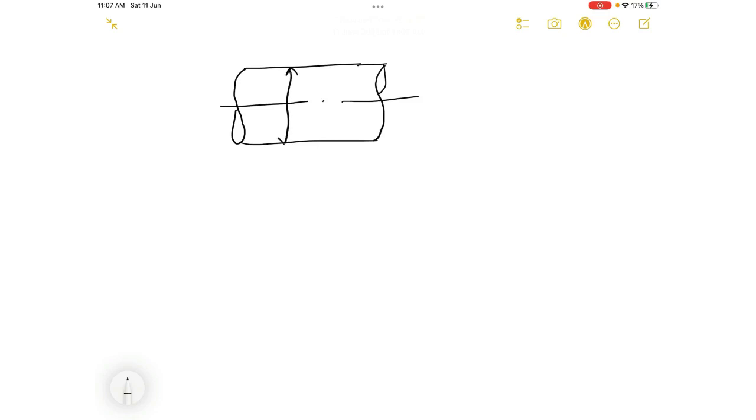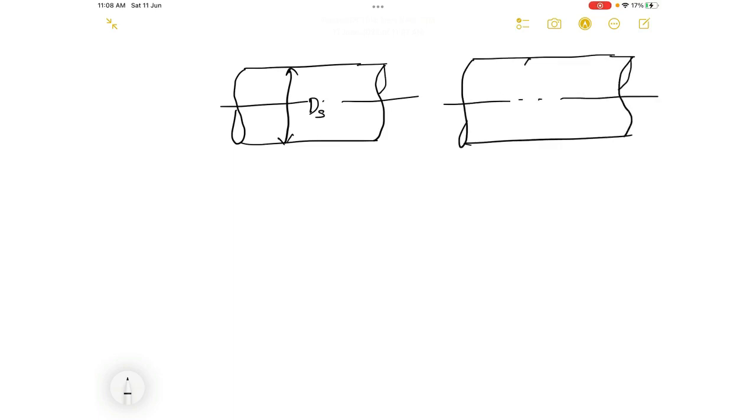So this is a solid shaft with a diameter of d subscript s, and another shaft was a hollow one, whose inner diameter is given by d_hi and the outer diameter is d_ho, and the condition given was both the shafts have their outer diameter equal to each other.